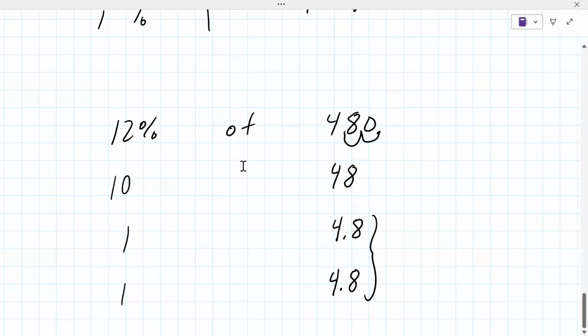So 52.8. You need to add them all together. 57.6.